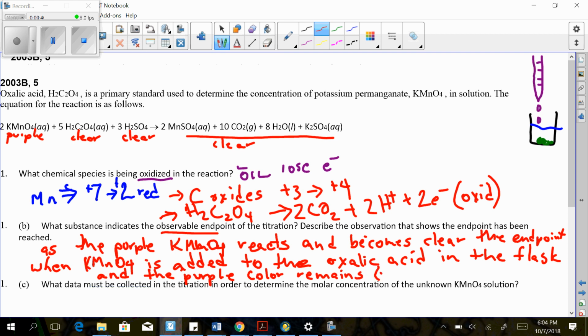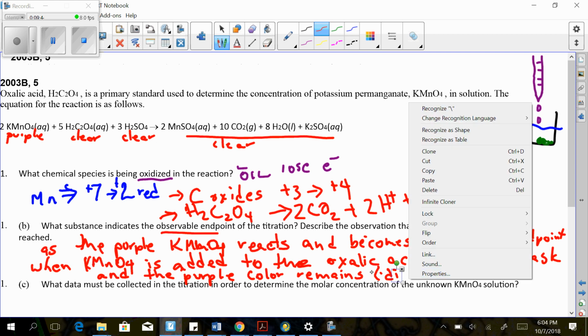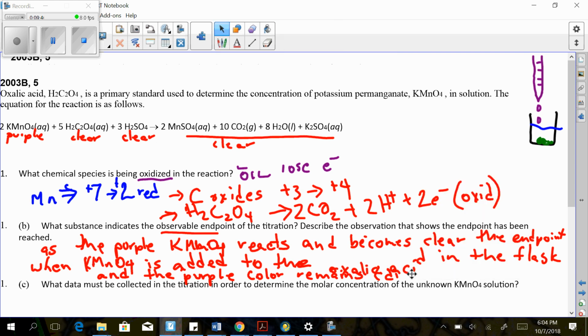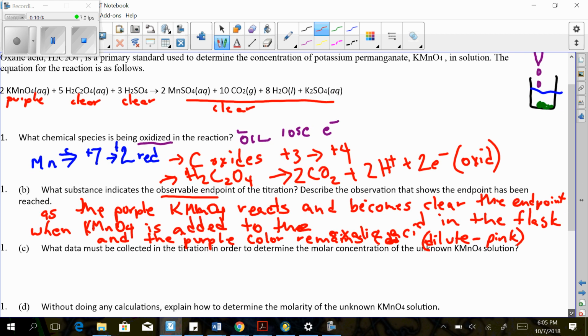And because it's so dilute, write that over here, dilute, it will look pink, very, very faint. And so you will see that perhaps later in the year.